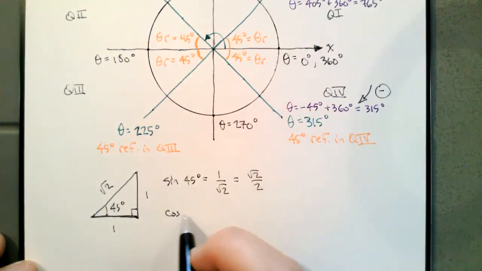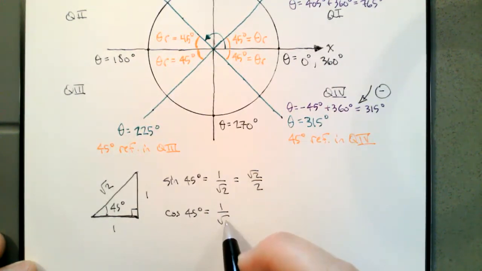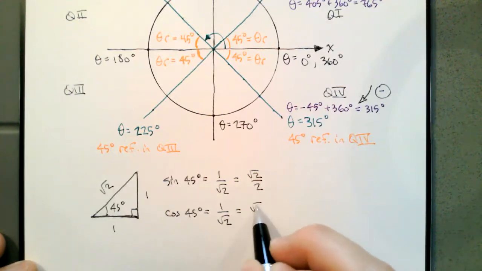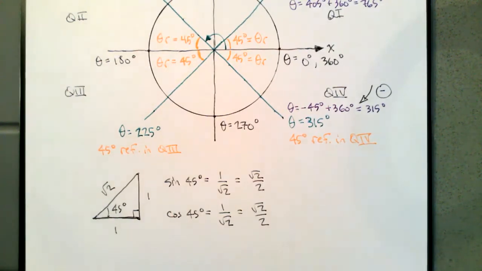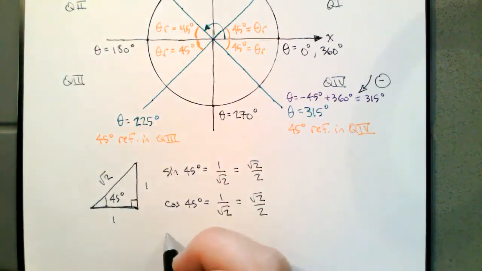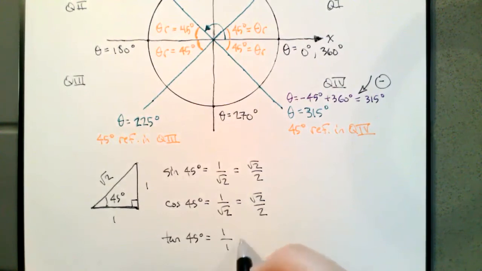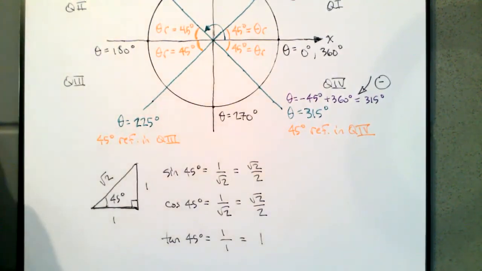And cosine of 45 is adjacent over hypotenuse, which is also 1 over the square root of 2, root 2 over 2. And tangent of 45 is opposite over adjacent, which we'll just write as 1.